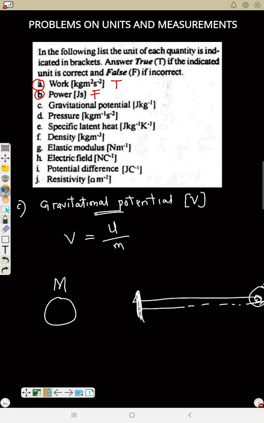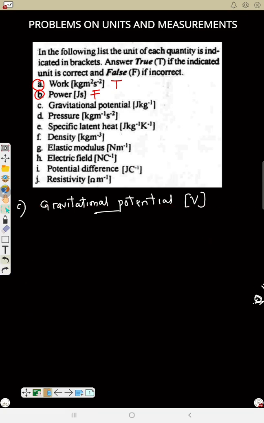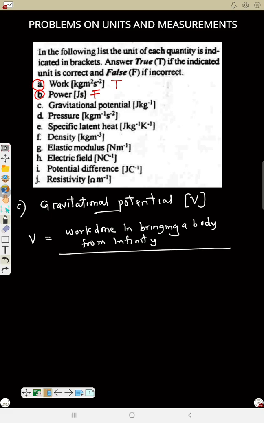So formally, I can say gravitational potential V is equal to the work done in bringing a body from infinity, divided by the mass of the body.